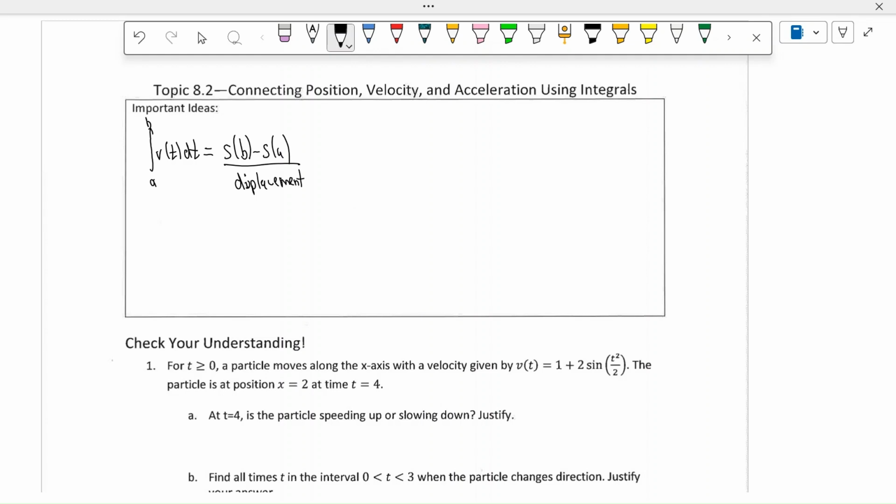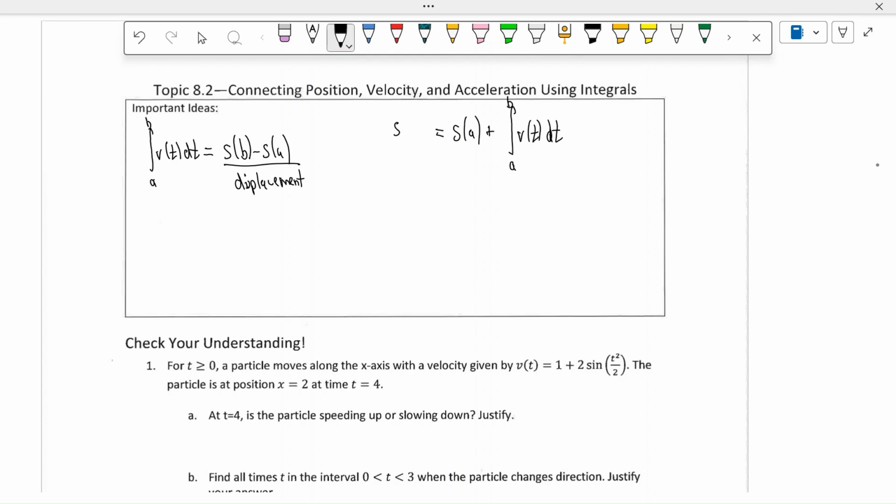So big idea number 1. Big idea number 2. So when I know the displacement, I can figure out the change in position. So if I know the position of an object at time A plus the displacement, the change in position from time A to time B, I have my position plus the change in position.